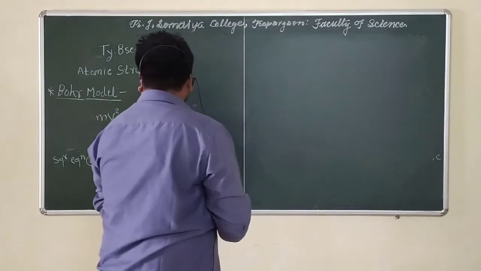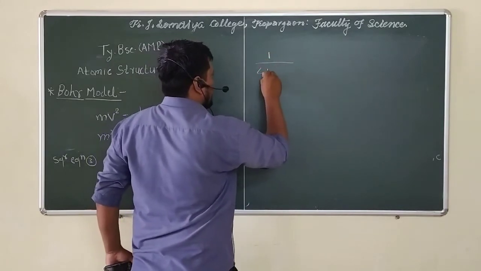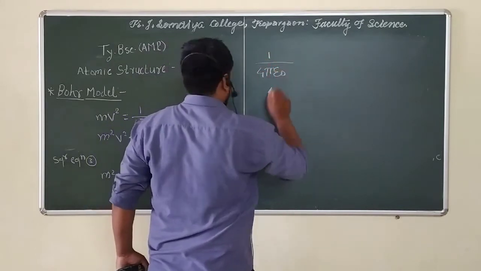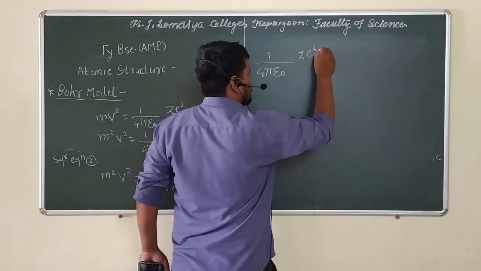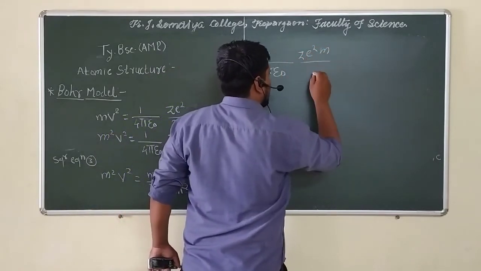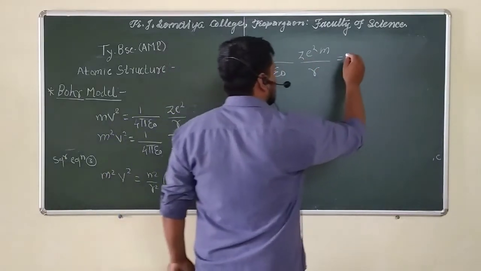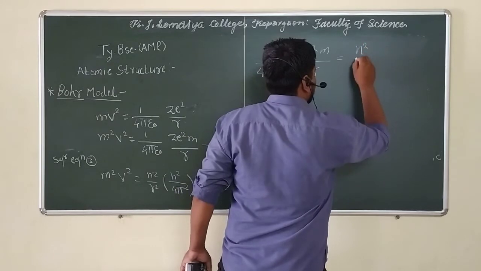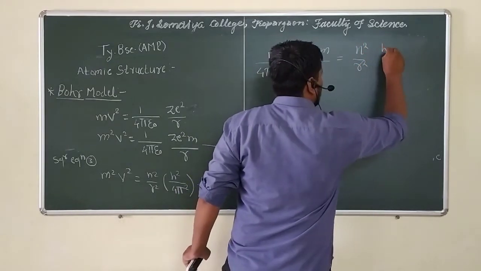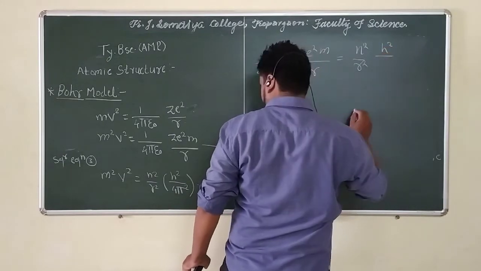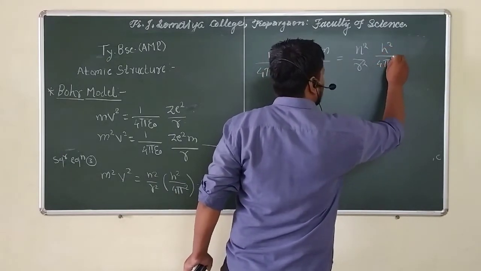So 1 upon 4 pi epsilon naught z e square m divided by r is equal to n square divided by r square into h square divided by 4 pi square.